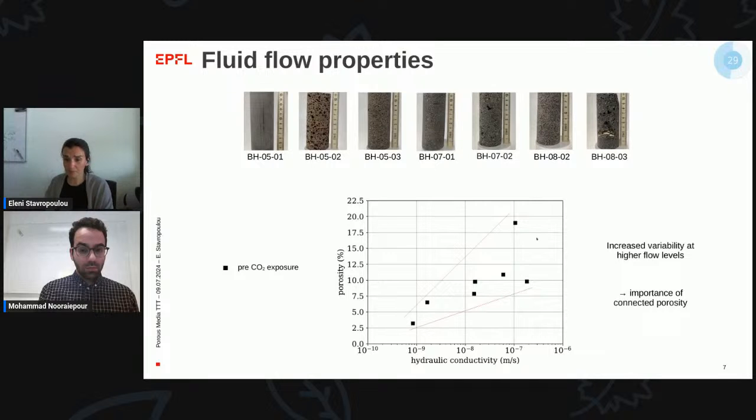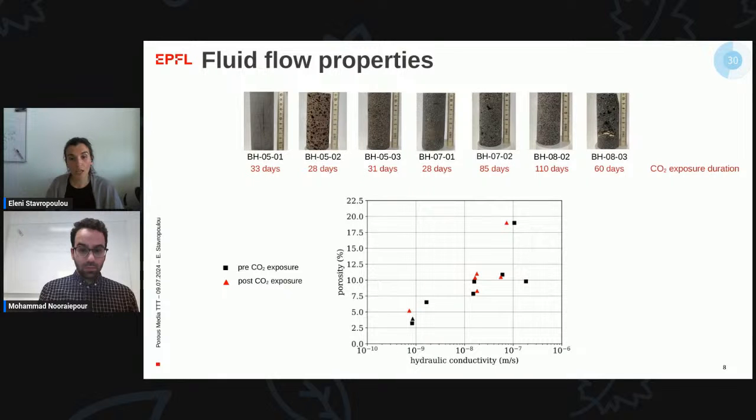You can see that there is an increasing variability for higher levels of conductivity, which means that, for example, we have similar conductivities for completely different porosity levels. And this is a first hint that what really matters is the connected porosity and not the total porosity of this material.